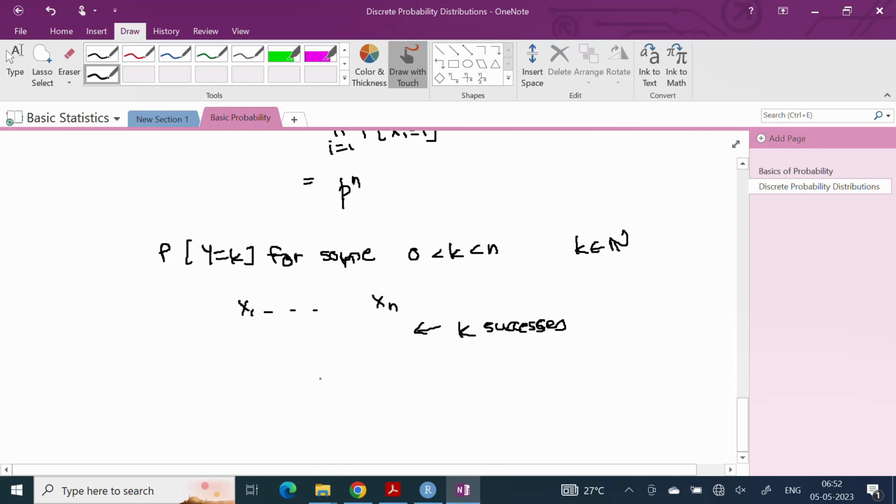So we know that there are k successes, so we have probability p raised to k. It means the remaining have to be failures, so (1 minus p) raised to n minus k. And in addition to this, we don't know which k, so there could be any k out of n.